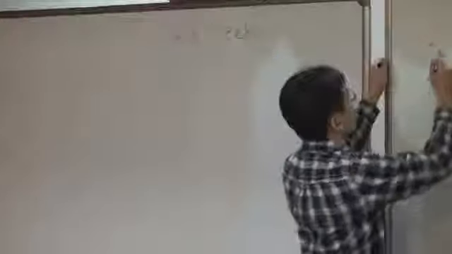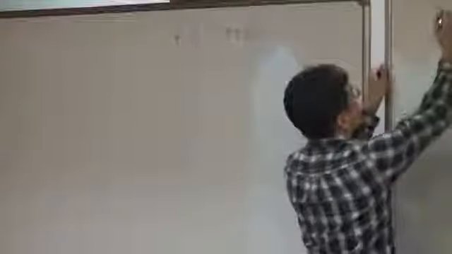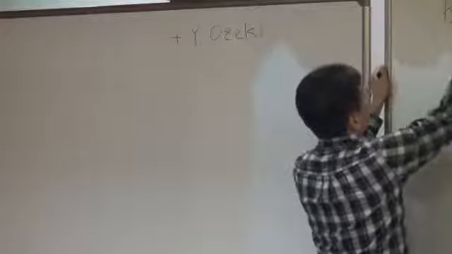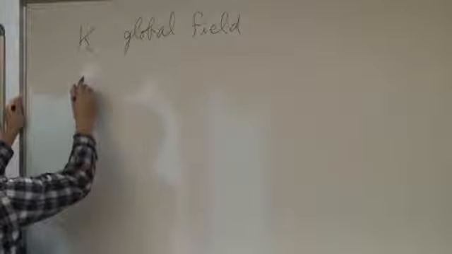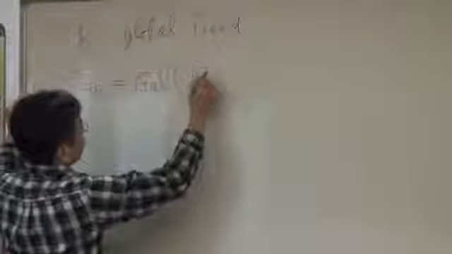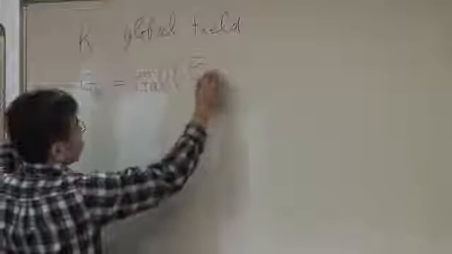So let's fix some notations. Let K be a global field, and G_K the absolute Galois group, where K bar is a separable closure.